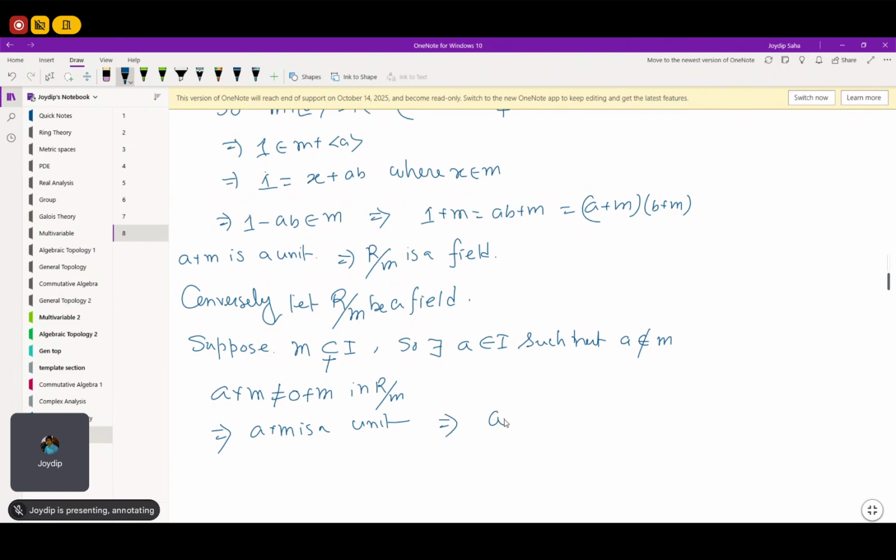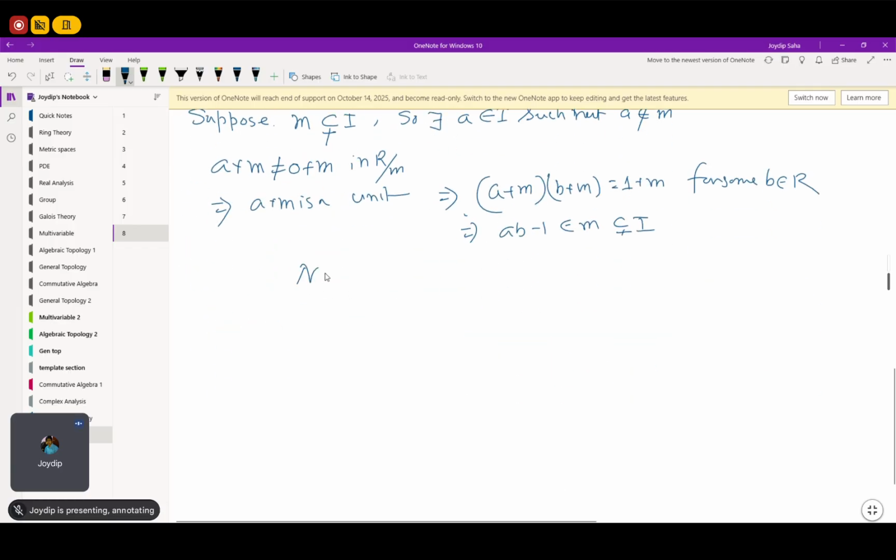This implies a plus M times b plus M equals 1 plus M for some b belonging to R. This implies ab minus 1 belongs to M, which is a subset of I. So now ab belongs to I as a belongs to I. This implies 1 belongs to I. Hence, R equals I. We are done.